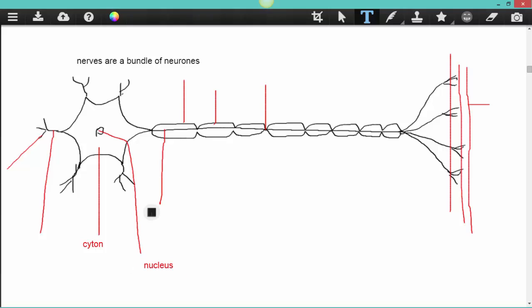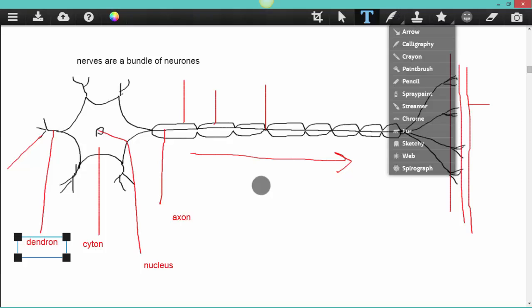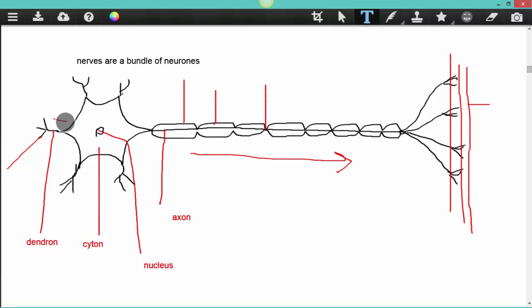This one here is the axon. The axon is a nerve fiber that transmits impulses away from the cyton. So this is the direction of the impulses. And the dendron, this is the dendron, it transmits impulses towards the cyton.